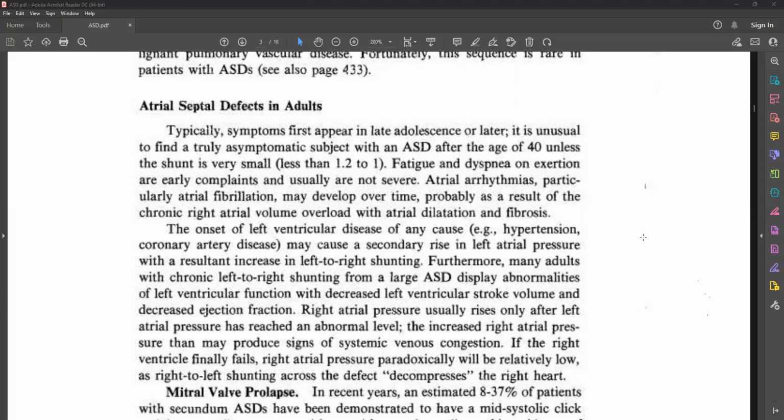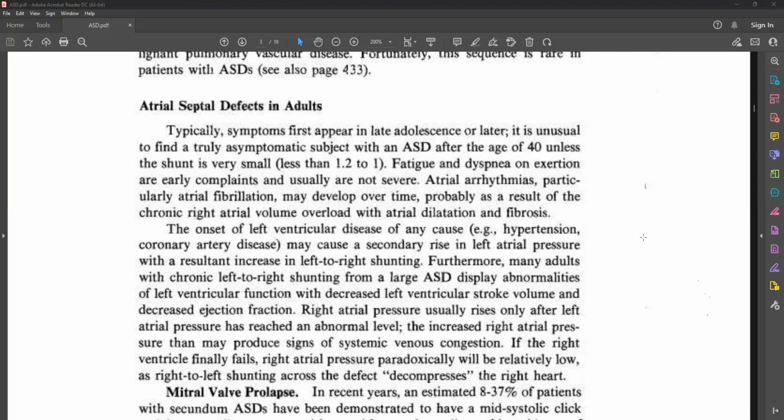If the patient is 50 or 60 and you are going to bring in atrial septal defect, think if you can give a differential diagnosis for the problem, because the findings of atrial septal defect are very non-specific. You will understand it by the end, when I discuss all the other signs of atrial septal defect. So above 40 years, be careful when you make the diagnosis of atrial septal defect.